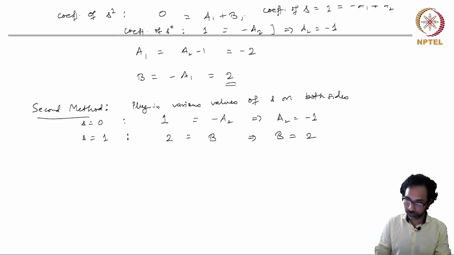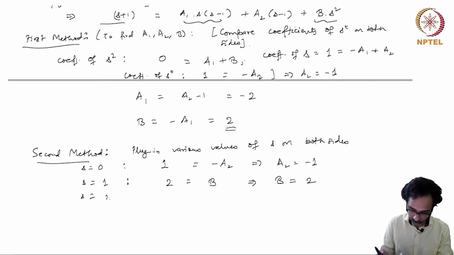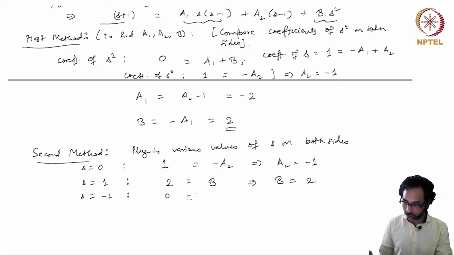So let's plug in s equal to minus 1, for example. Then on the left hand side you get a 0, and on the right hand side the first term becomes minus 2 times a1, the second term is minus 2 times a2, and the third term is simply b.